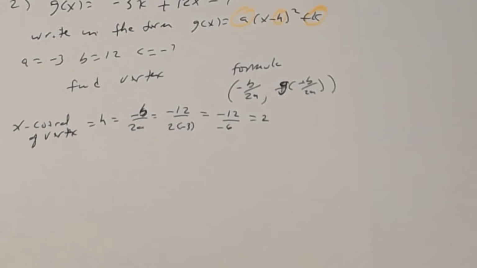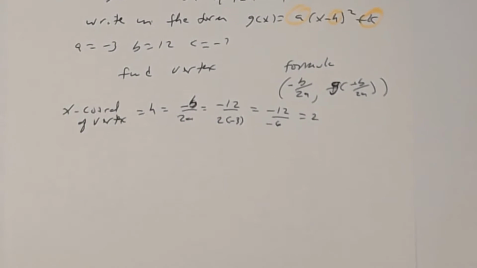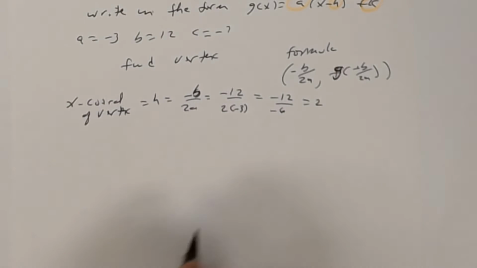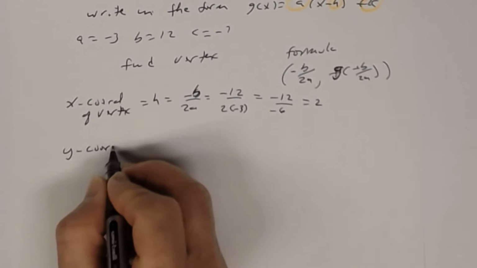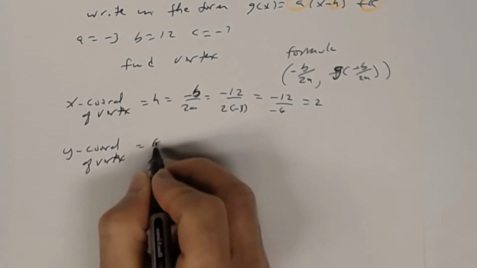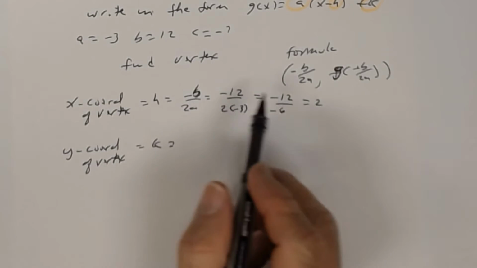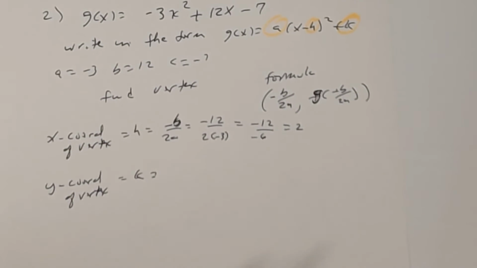So there's the x coordinate of the vertex. And so now to find the y coordinate of the vertex, which is k, we're going to substitute 2 back into the function g of x.